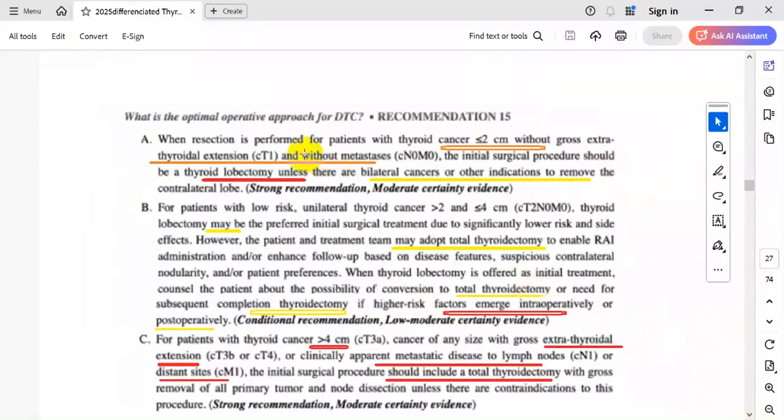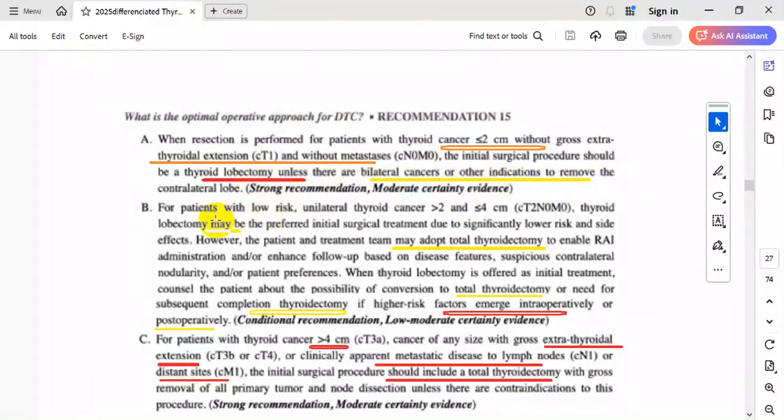What is the optimal operative approach for differentiated cancer? It depends on size. For example, if it is less than 2 centimeters, without gross extrathyroidal extension and without metastasis, the initial surgical procedure should be a thyroid lobectomy unless there are bilateral cancers or an indication to remove the contralateral lobe.